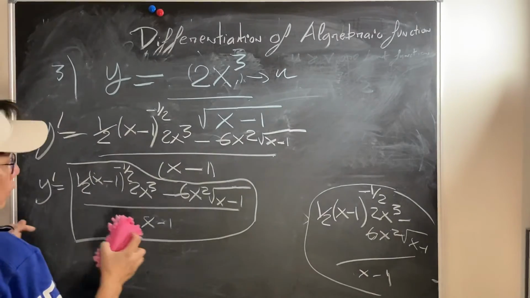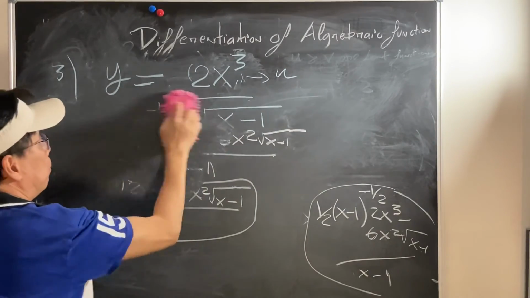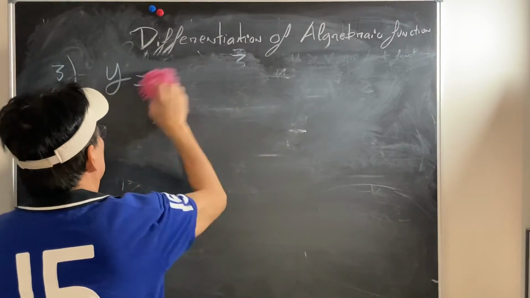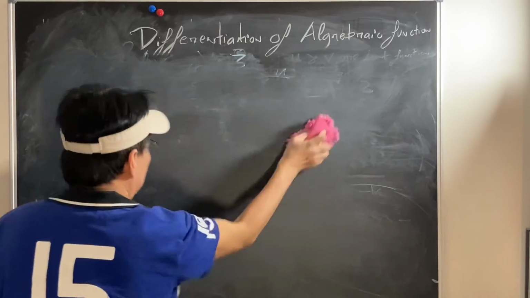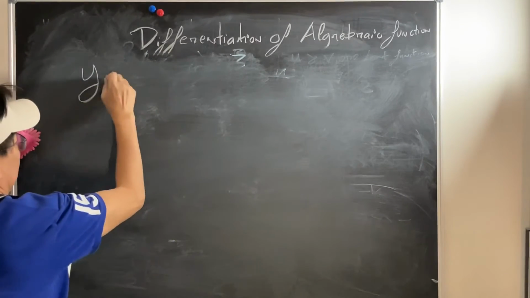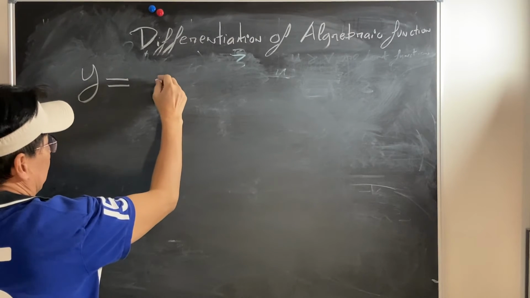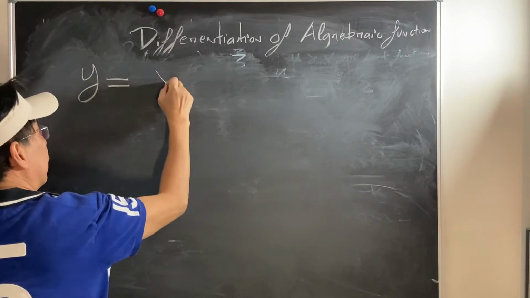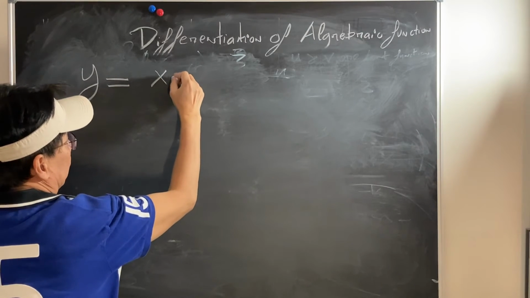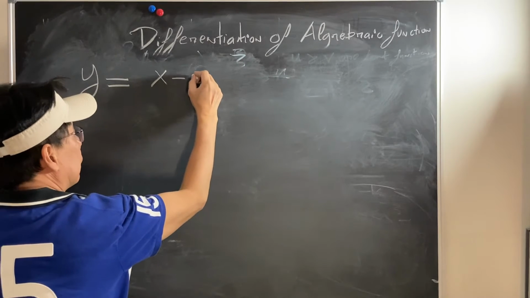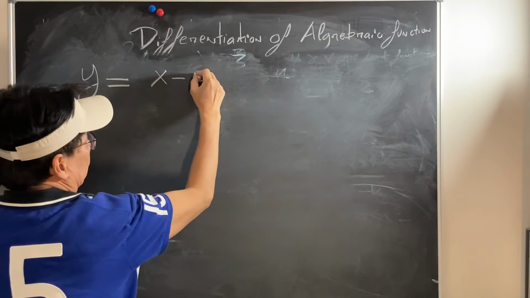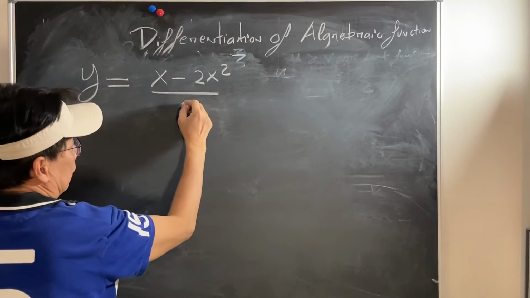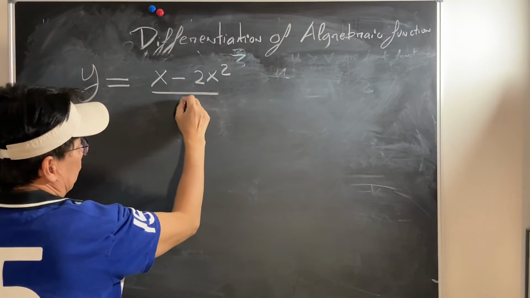Okay, let's see another example of quotient rule. Let's say you have y equal x minus 2x squared divided by x.